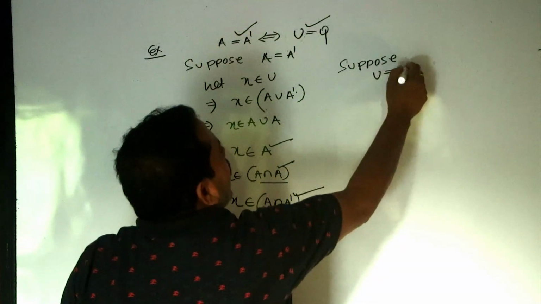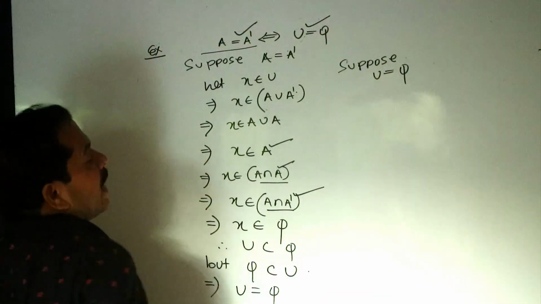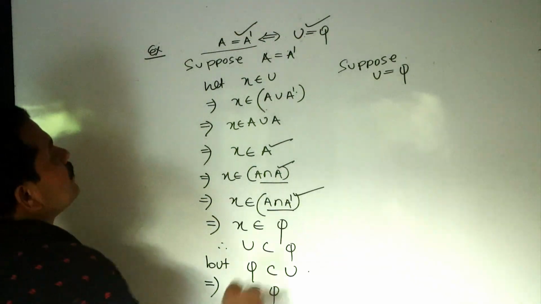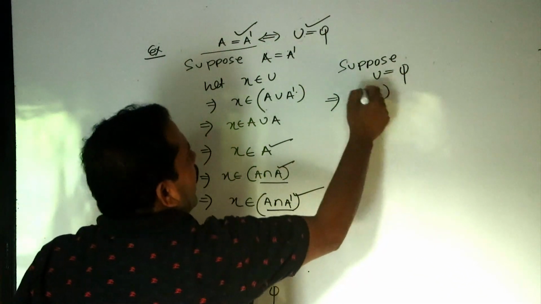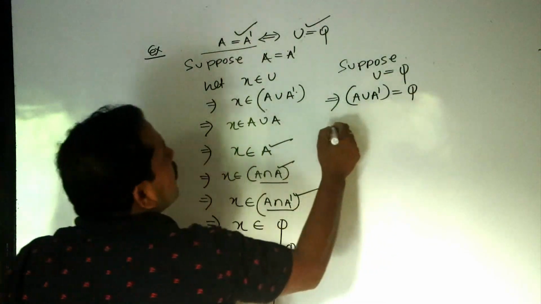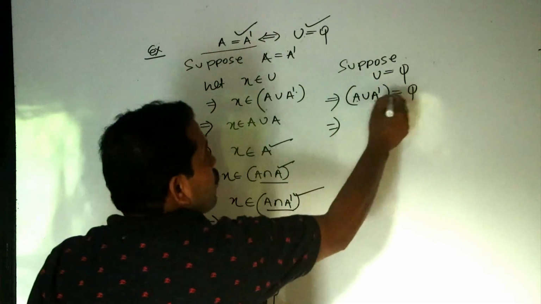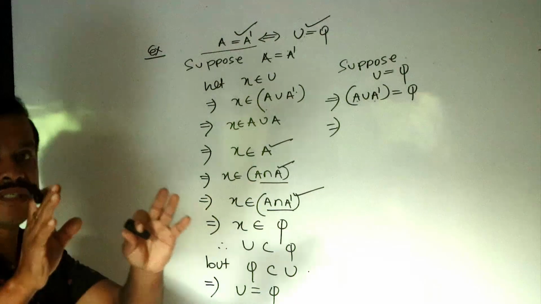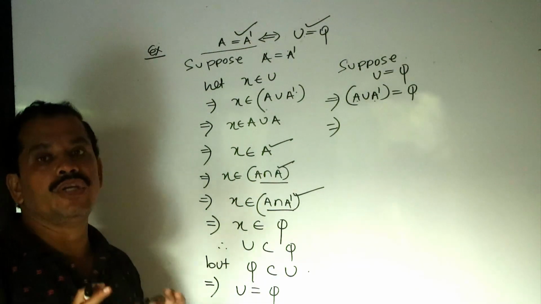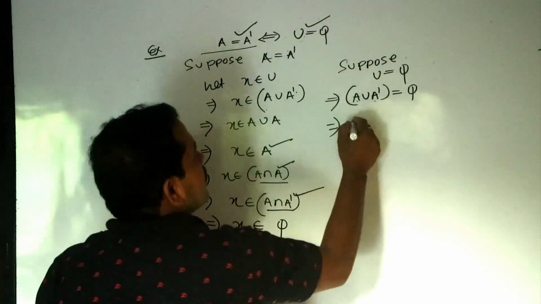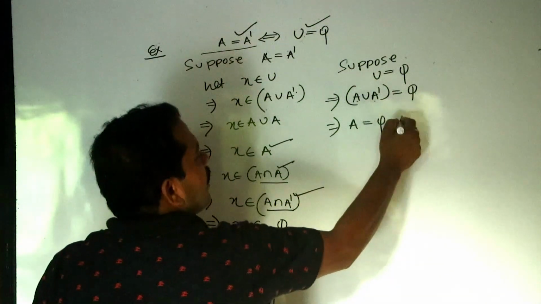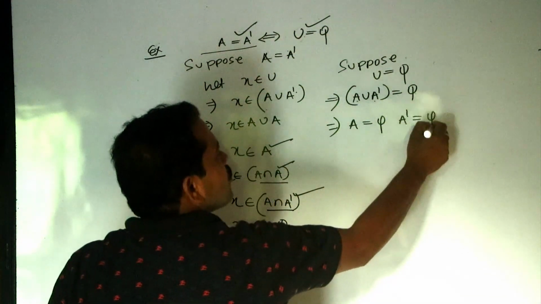Suppose U equals phi, then we have to prove A equals A dash. U means A union A dash, so A union A dash equals phi. When the union of two sets is phi, then both sets are phi. That is A equals phi and A dash is also equal to phi.